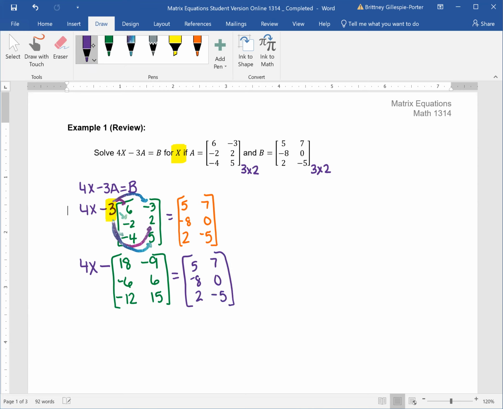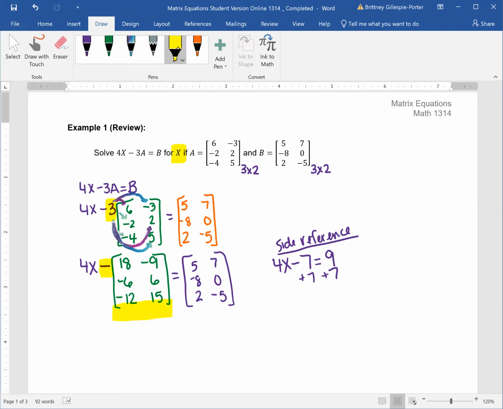Now, if we had 4x minus 7 equal to 9, we would add 7 to both sides, right? So this is just a side reference. Here, instead of subtracting 7, we're subtracting our second matrix.